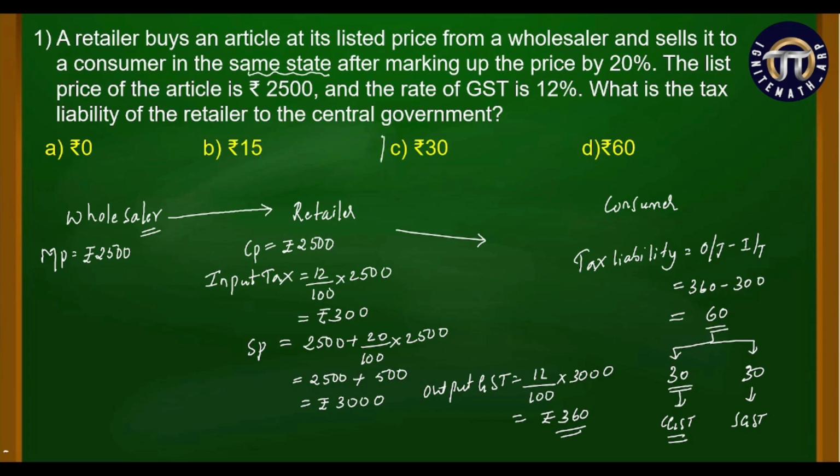So our answer is supposed to be 30. Clear children? Let's move to the next question now.